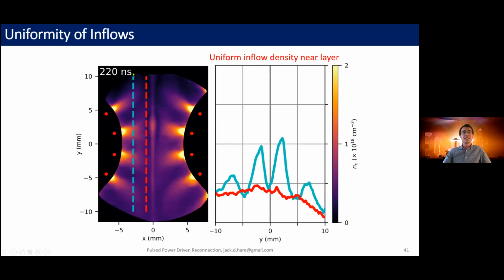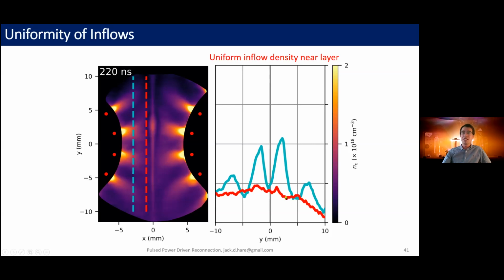And the reason is you can take two lineouts here. One of the lineouts is close to the exploding wire array, where you can see just by eye that the flows are strongly modulated. The second lineout is just outside the reconnection layer, so it represents the inflow that the reconnection layer actually sees. You can see that indeed, close to the exploding wire array, you have a strongly modulated electron density. But those flows merge together and smooth out.